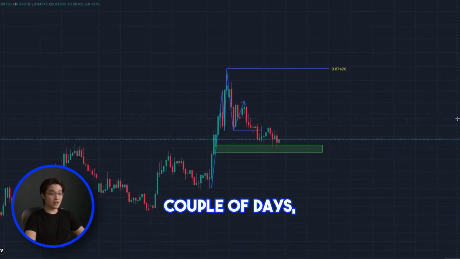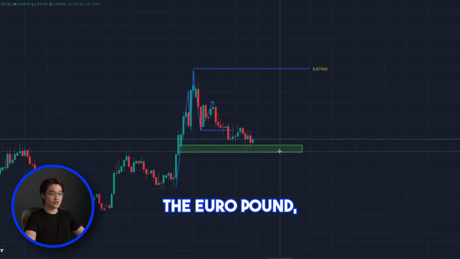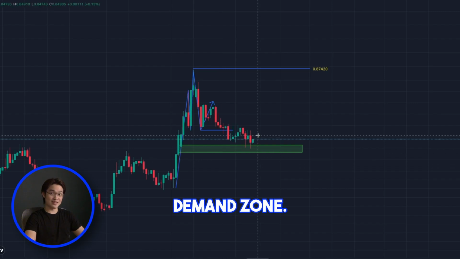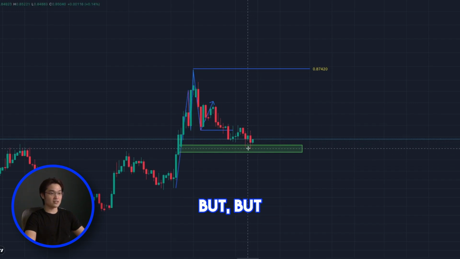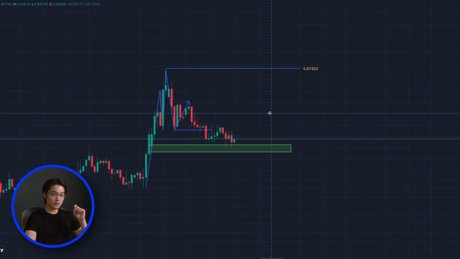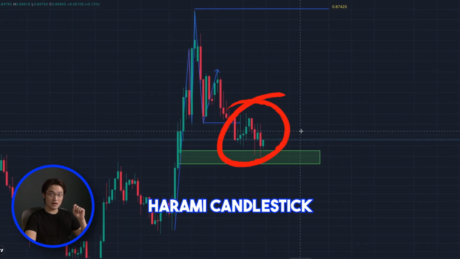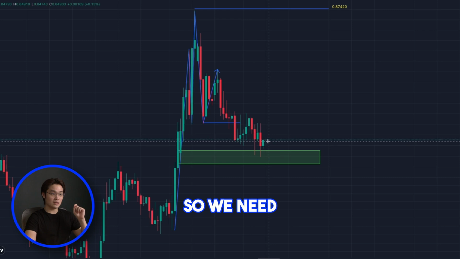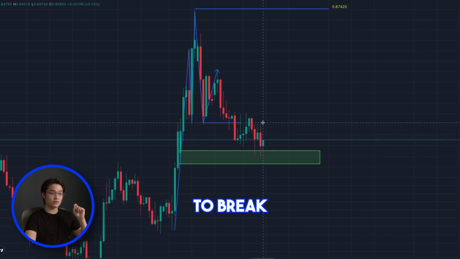The last couple of days, look here, the euro pound rejected nicely in our demand zone, very nicely, but there's a but. It needs to be a valid rejection. Right now there is a Harami candlestick pattern, a bullish one, so we need the candlestick itself to break over the monthly candle, which is this red one.